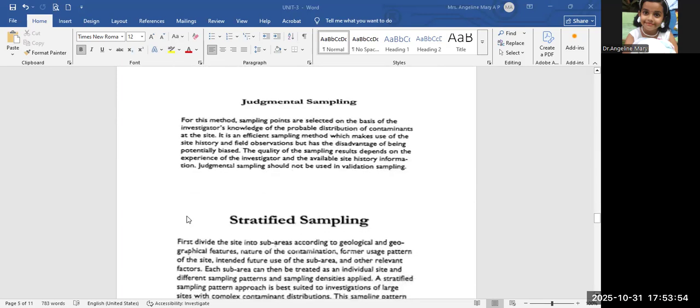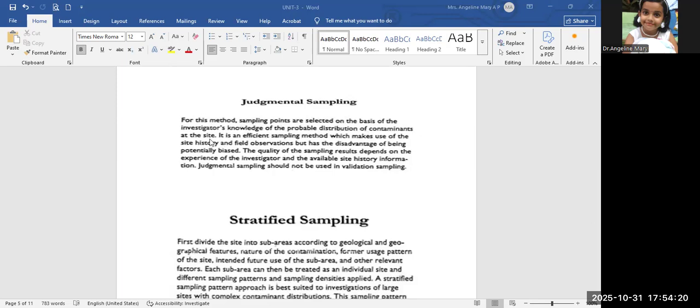Okay. The third method is judgmental sampling. For this method, sampling points are selected on the basis of the investigator's knowledge. Before we go to investigate a particular area for issues of water quality, from the investigator's knowledge we collect samples from the probable distribution of contaminants at the sites.